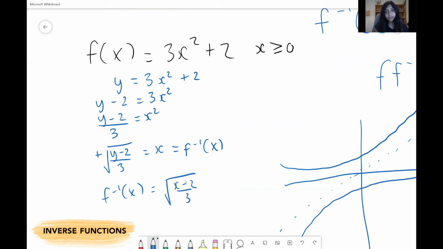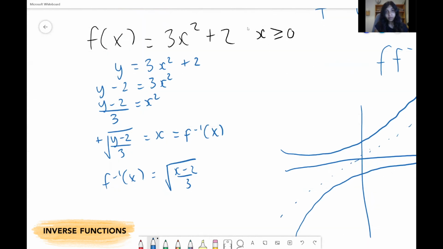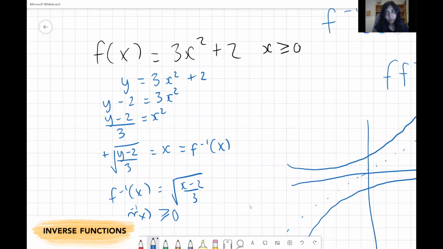And then if you want to state the domain and range, you know that if the domain for f of x is greater than or equal to 0, the range of f inverse of x would be greater than or equal to 0. And then you need to work out what your range would be.